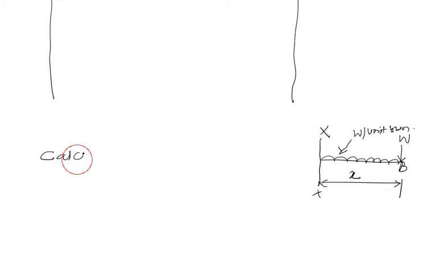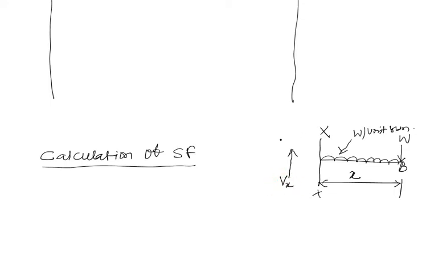Calculation of shear force. Suppose Vx is the vertical force at section X, Mx is the bending moment at section X, that is in clockwise direction, and the vertical force is in upward direction. Now, what will be Vx?